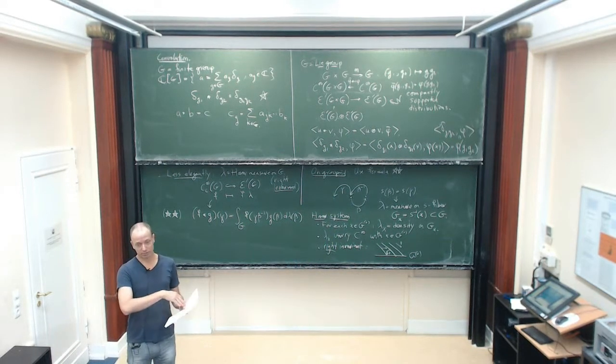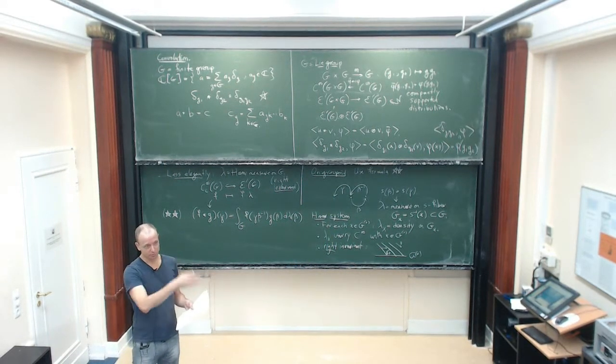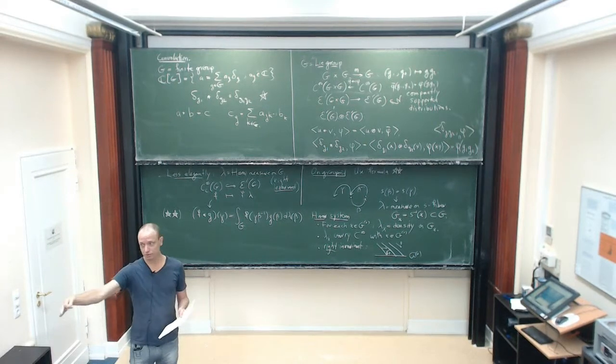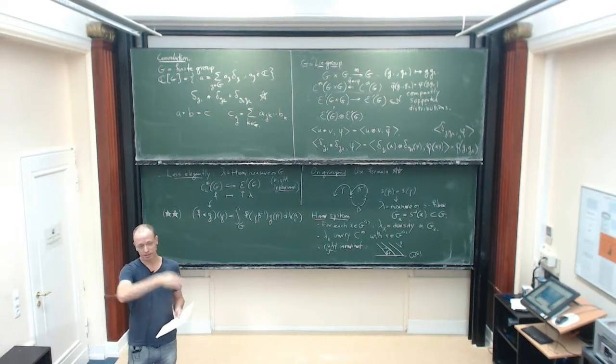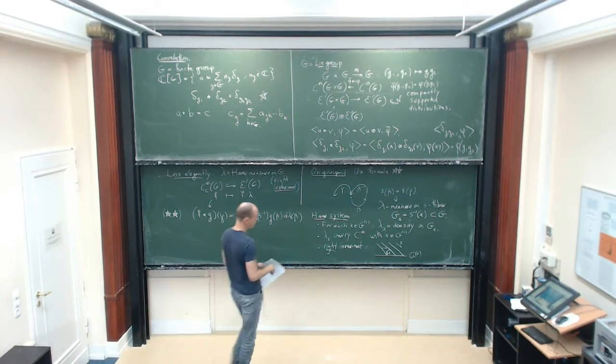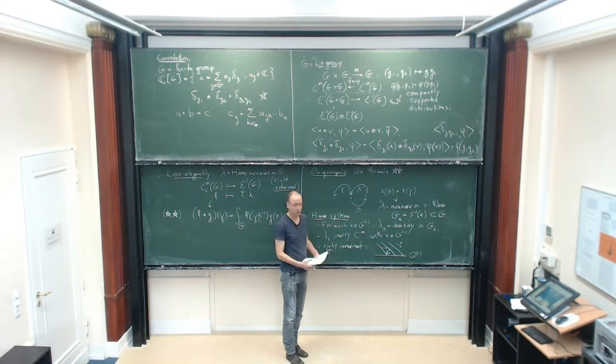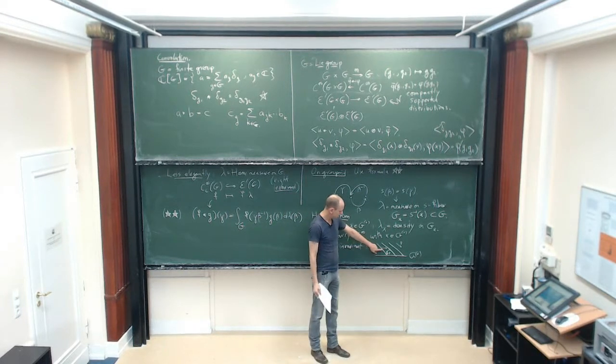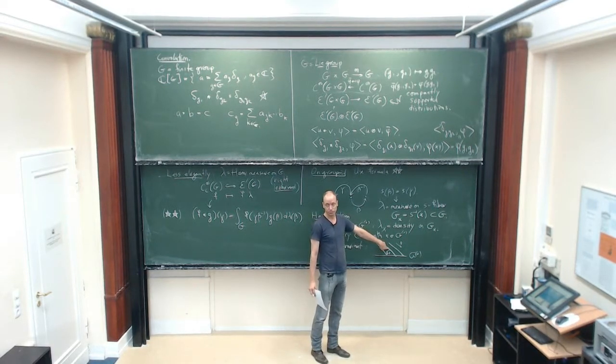So right multiplication is a diffeomorphism from one source fiber to another, from the range of the arrow to the source of the arrow. And so right invariance just means that the density on this fiber is identified with the density on that fiber via that diffeomorphism. That's right invariance.